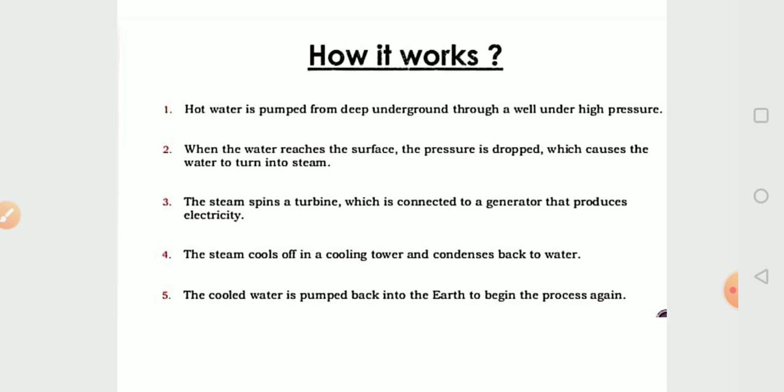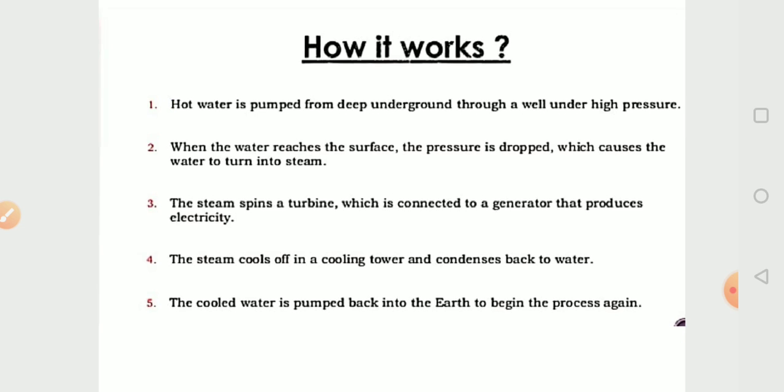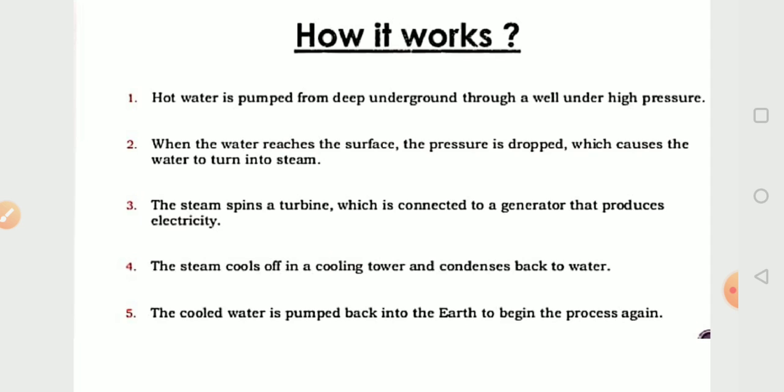How does the geothermal power plant work? Hot water is pumped from deep underground through the well under high pressure. Second, when the water reaches the surface, the pressure is dropped, which causes the water to turn into steam. This steam spins a turbine which is connected to the generator and that produces electricity.